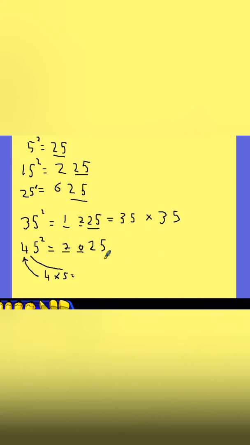So all I did, remember, is just take the tens, which is 4, plus a 1 onto it, and did 4 times 5. Let's do another one, 55 squared. We know it's going to end in 25 because when you square a number ending in 5, it always ends in 25. So let's think 5 times 5 plus 1.